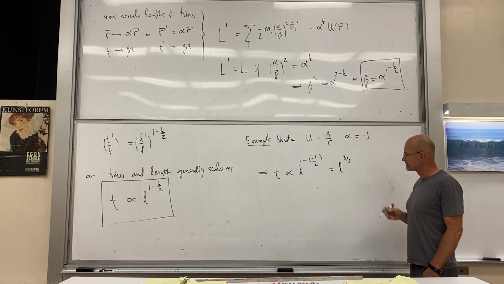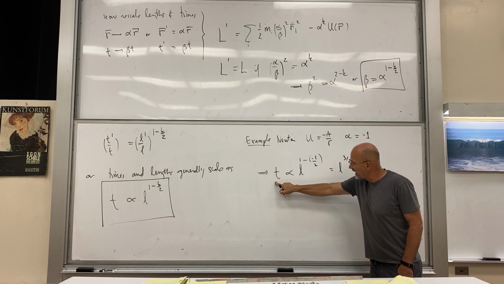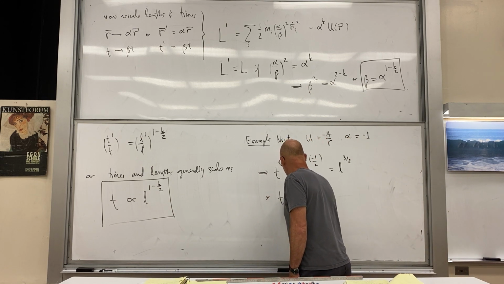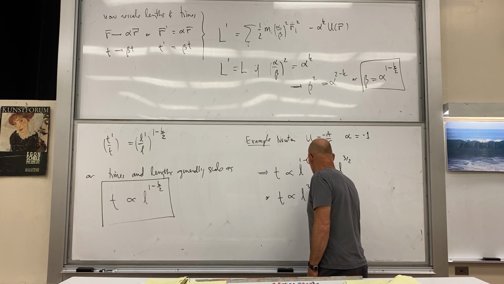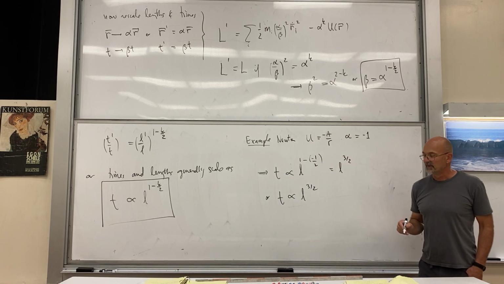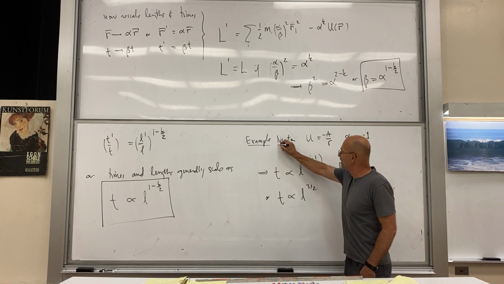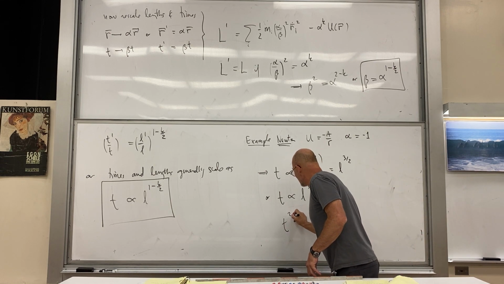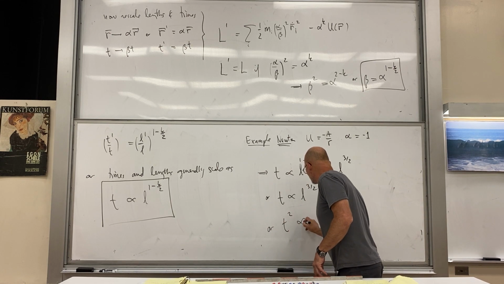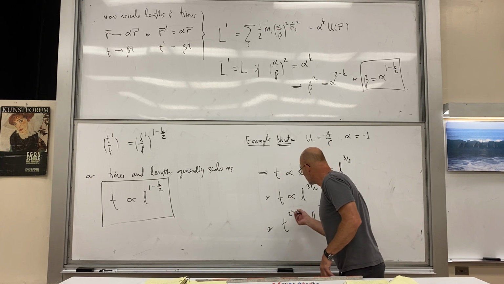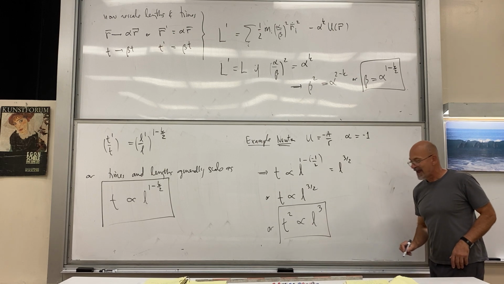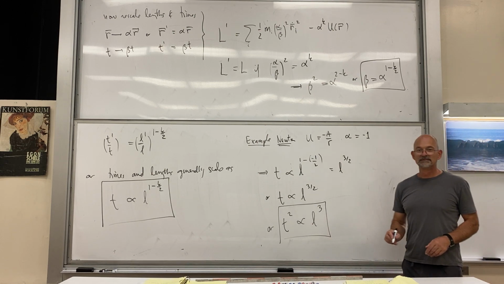So the time scale goes as L to the 3/2. This is for the Newton potential. And if you square this, T squared is proportional to L cubed, and at this point you're realizing, well, that's Kepler's third law.